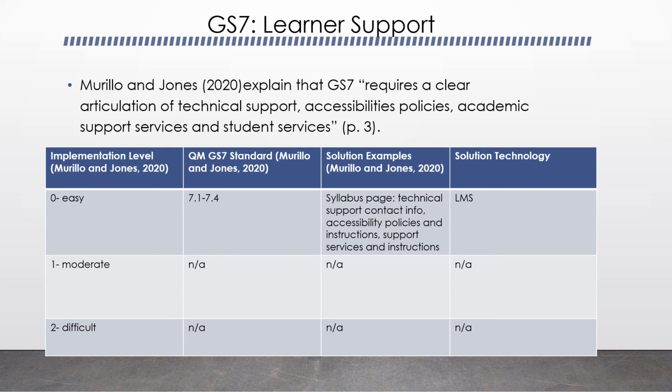For General Standard 7 on learner support, Murillo and Jones determined that all the standards are easy to implement and suggest to add to the syllabus page technical support contact info, accessibility policies and instructions, and support services and instructions.